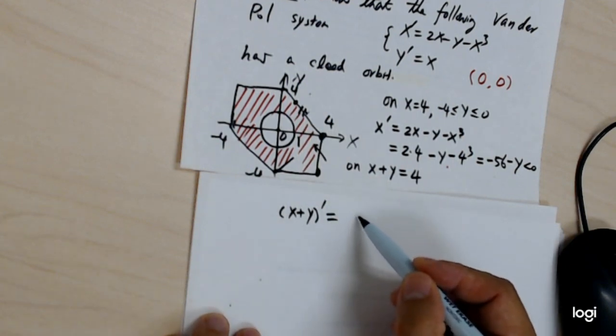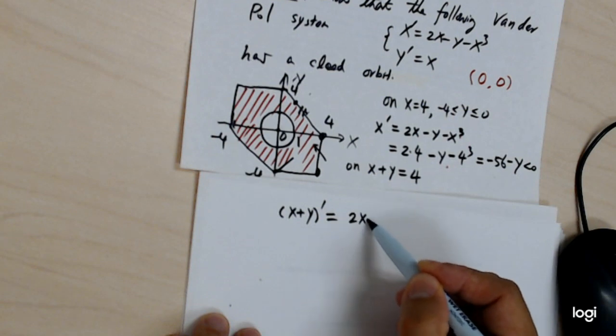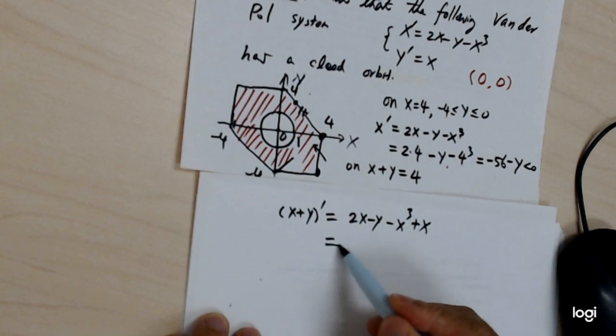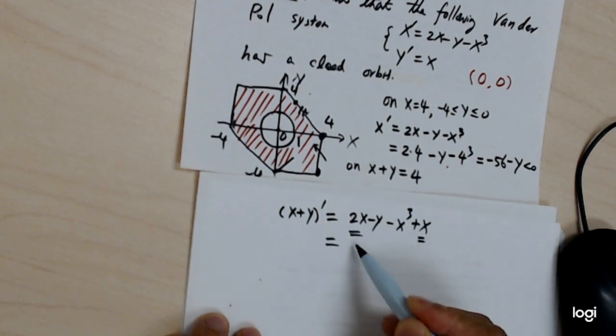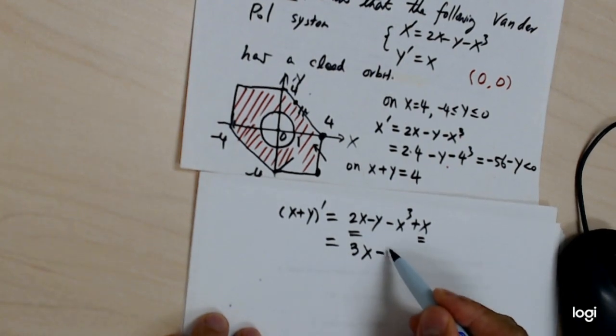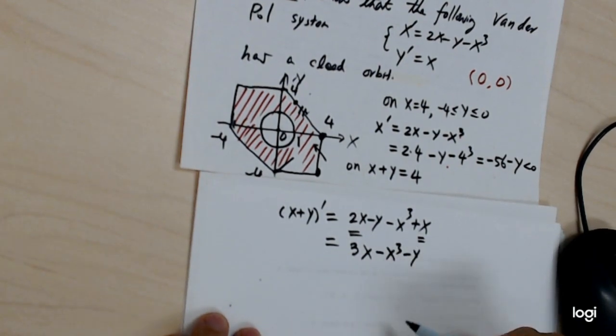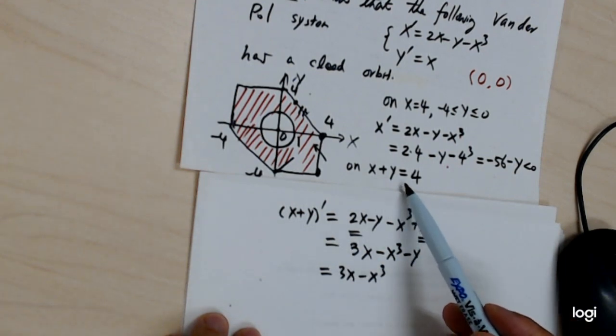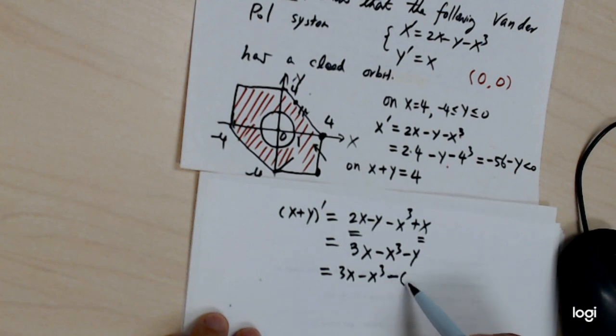So I do x plus y prime: x minus y minus x cubed, and also plus x. Add up those two terms. But because we're talking about this edge, y is always 4 minus x.